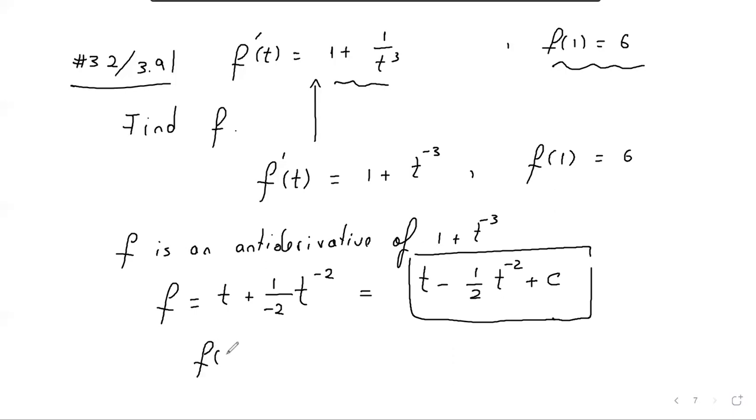So when we calculate f of 1, if we want that to be 6, just remember that this is 1 minus 1/2 plus c, and we want that to be 6. And then c is 6 minus 1/2, which is 12 minus 1/2, which is 11/2.